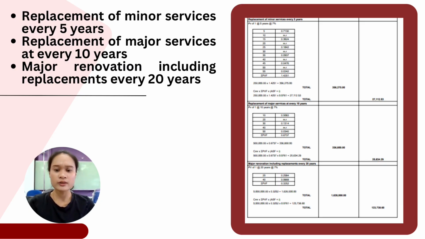Lastly, for the major renovation including replacement every 20 years, the 20 years replacement years that were excluded from the previous calculations are now included. The total PV factors for the relevant 20 years intervals at 7% interest rate is 0.3252.